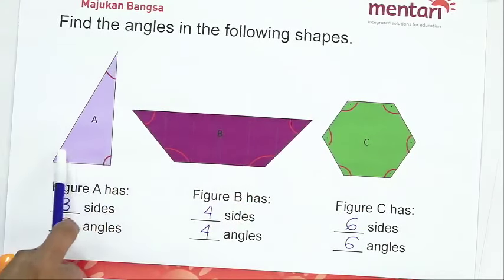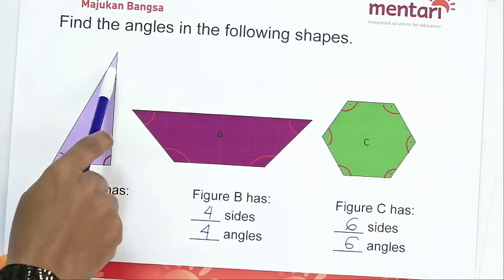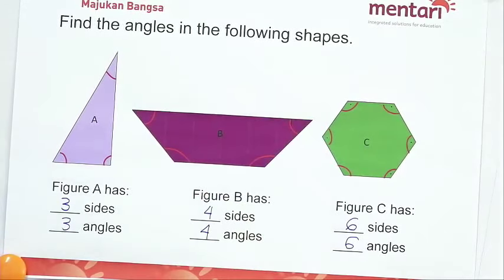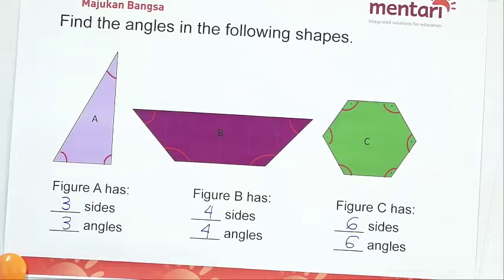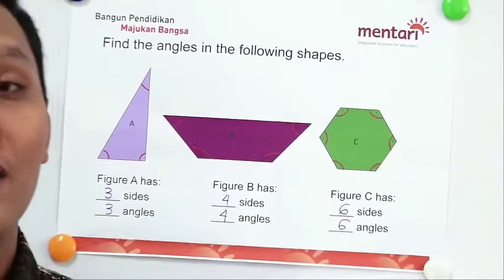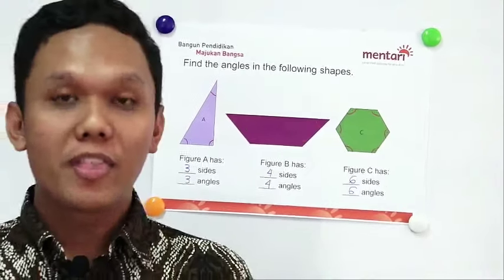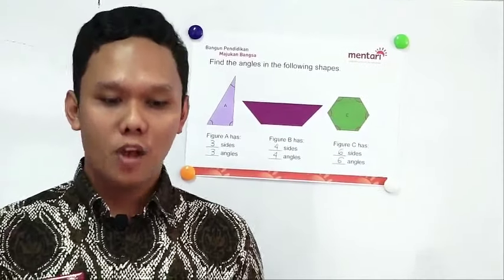What do you notice? Do you think this angle and this angle have the same size? No, yeah? They don't have the same size. So it's so different. So now, after this, I want to teach you about the types of angle based on the sizes. Yeah? So there are 3 types of angle.